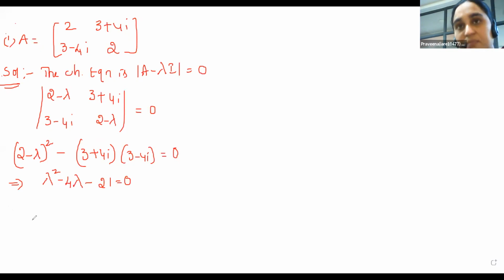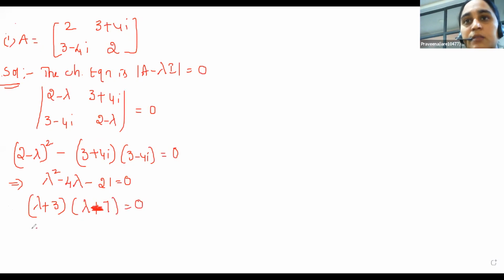Then (lambda plus 3) into (lambda minus 7) is equal to 0. Therefore lambda is equal to minus 3 and 7 are the eigenvalues.